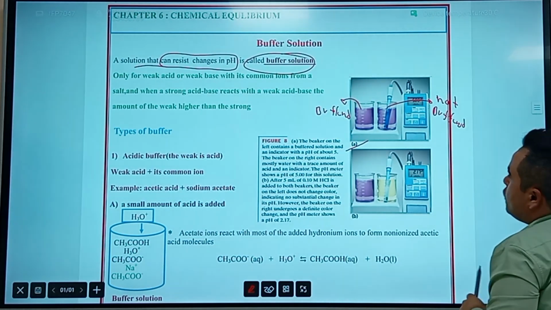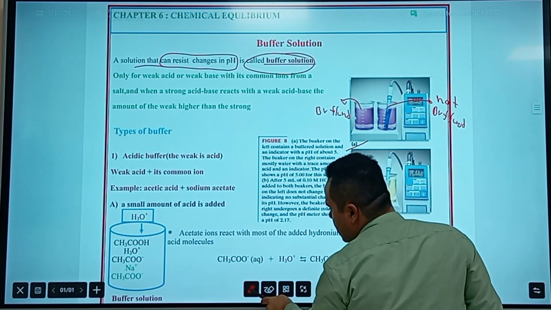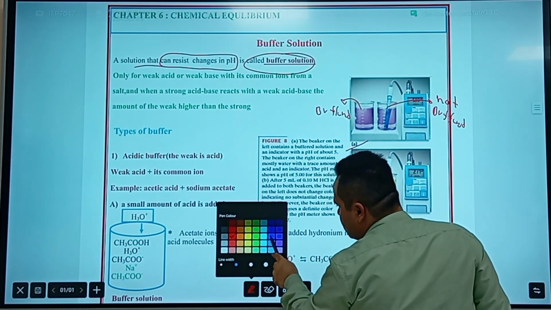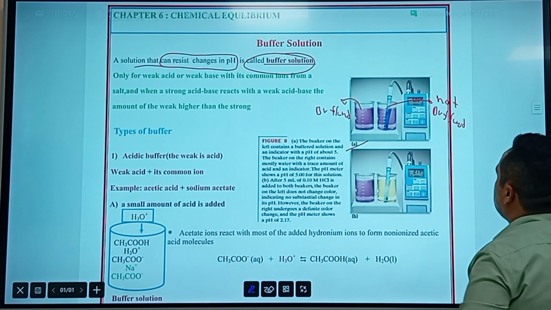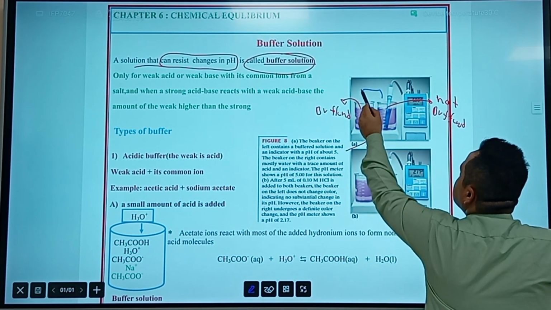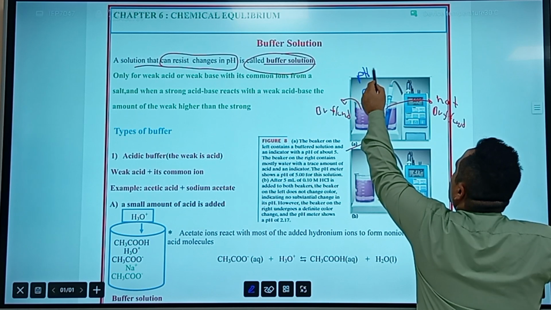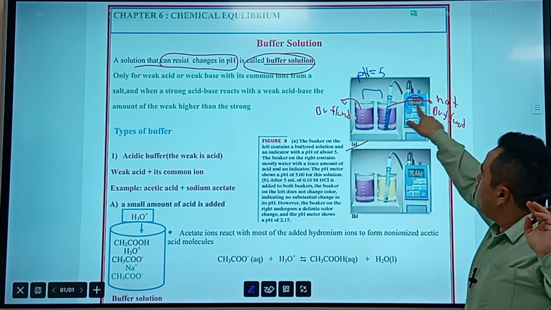So we will be talking about the difference between the buffered and unbuffered solutions when we add strong acids or strong bases to them. In this case, both have a pH equal to 5.